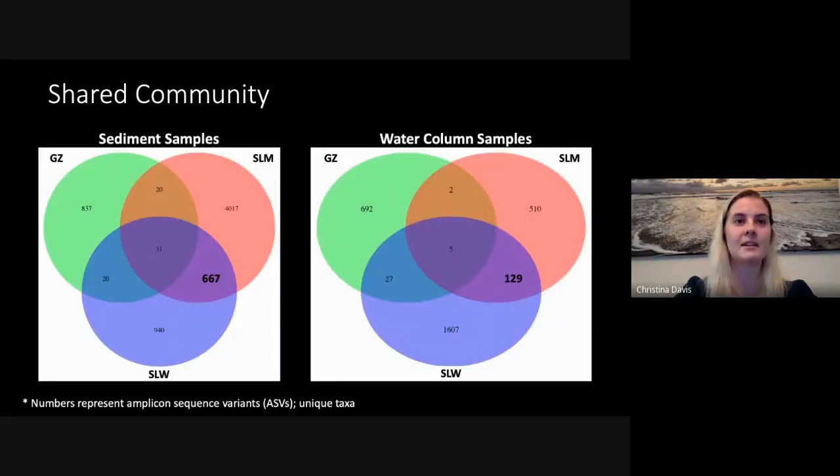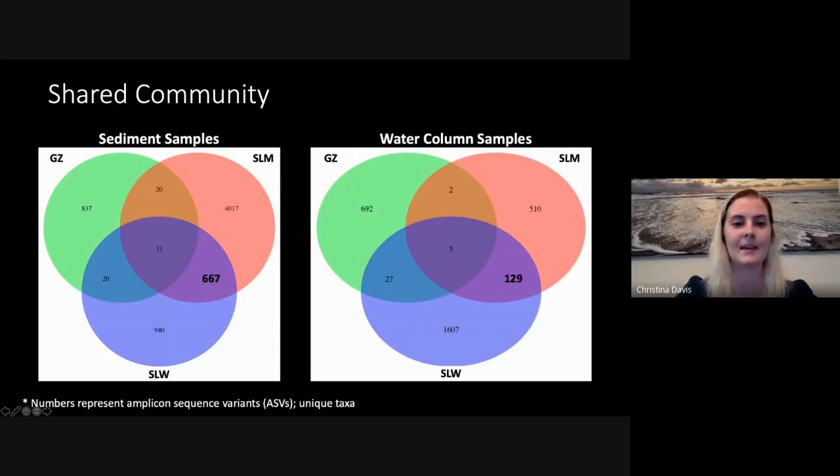And when we look at the community and what's shared between all of them, there's not many shared across all 3 sites, as we would expect, with the grounding zone being marine and the 2 lakes being a freshwater system. But within the sediment, we see several ASVs that are shared between the 2 lakes, 667, and the Mercer sediments are very rich compared to what they found in the Whillans.